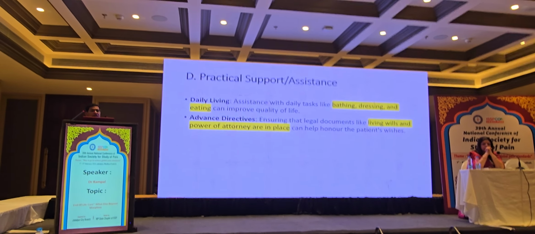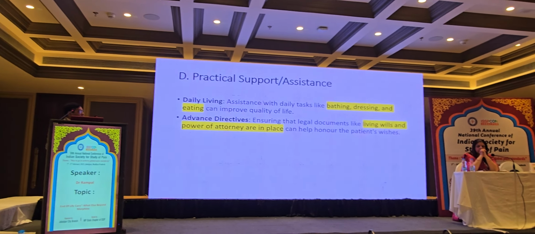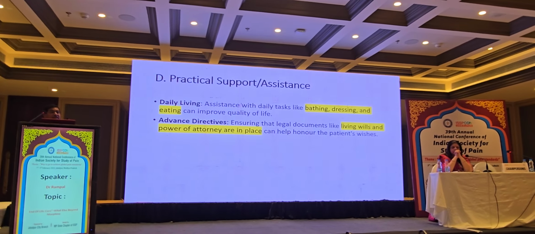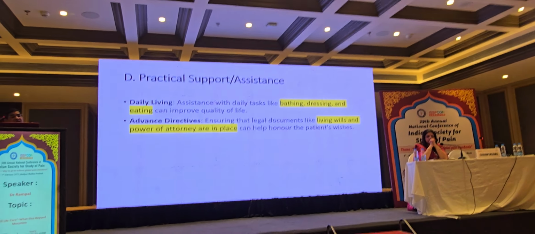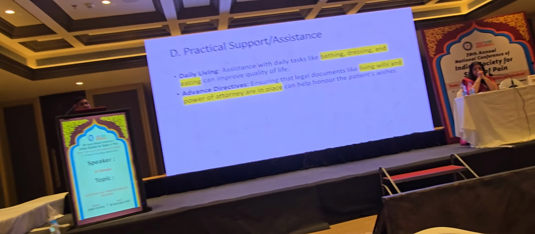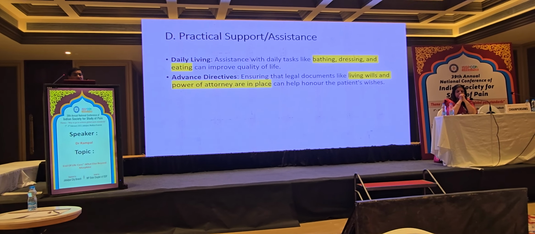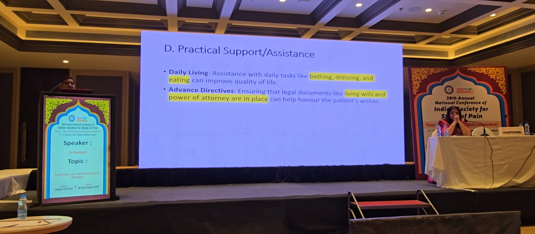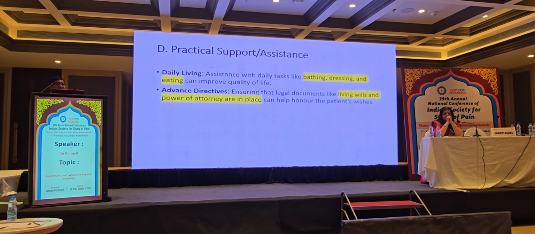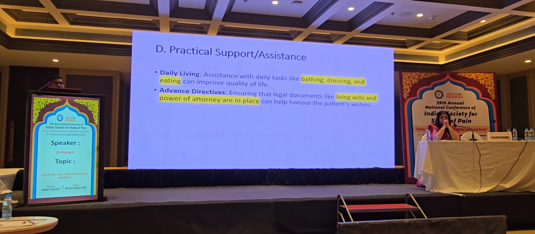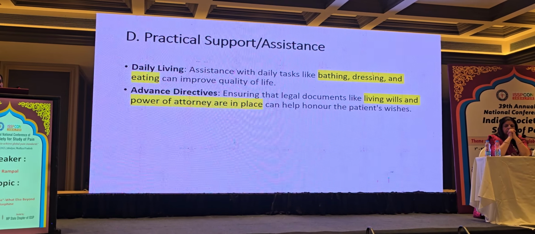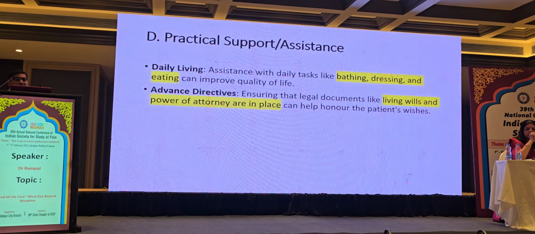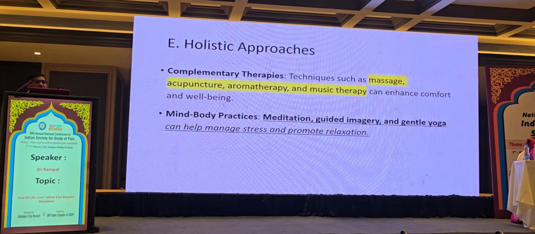Practical support. We should support him in bathing, dressing, and eating, and it will improve his or her quality of life. Advocate advance directives, ensuring that legal documents like living wills and power of attorney are in place, and they can help honor the patient's wishes.